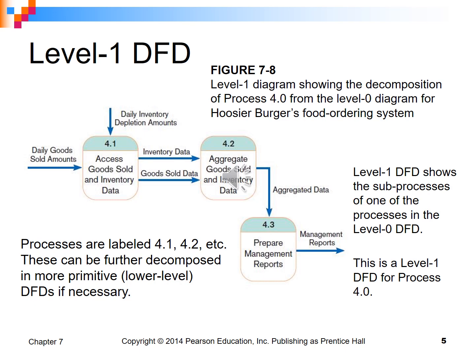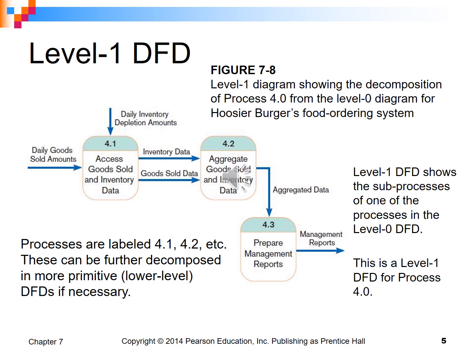That 4.0, which is the entity existing in level 0, we explode it, we decompose it into 3 entities here: 4.1, 4.2, 4.3. And there is one output, which is the management report. So the first one is to access the goods sold and inventory, then aggregate the goods sold and inventory data, and then prepare the management report, which is 4.3.